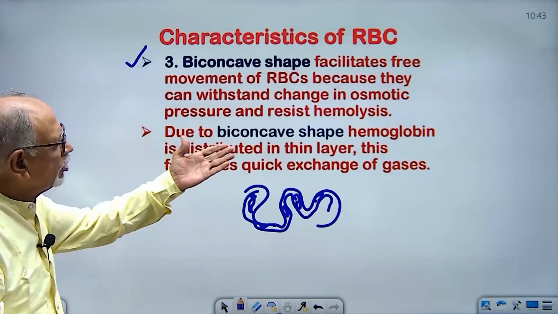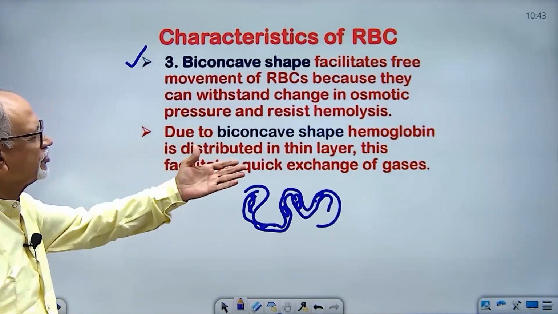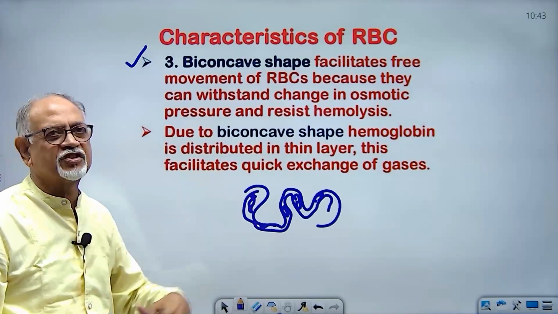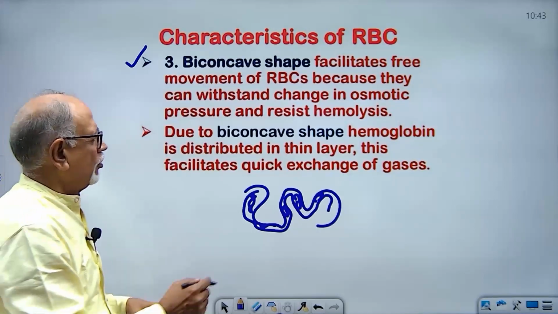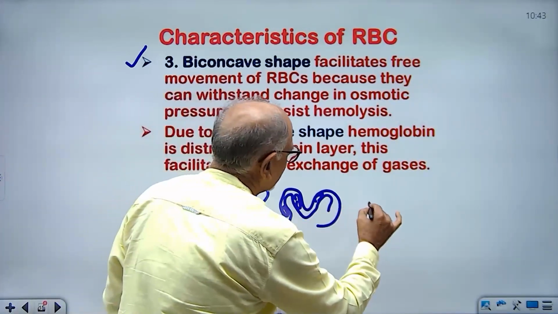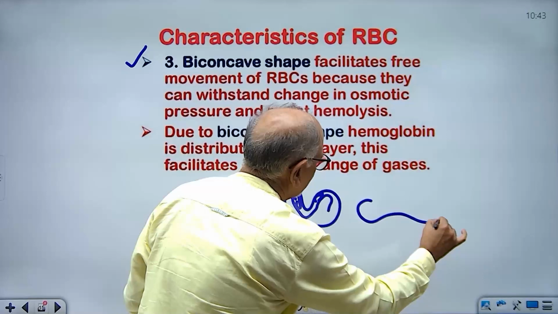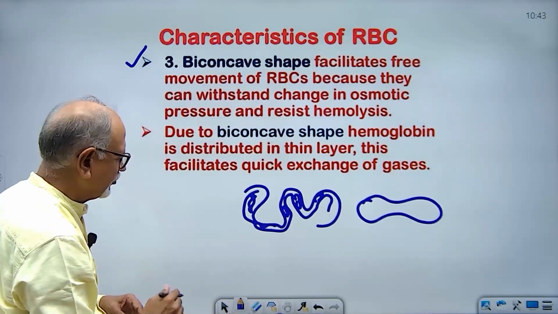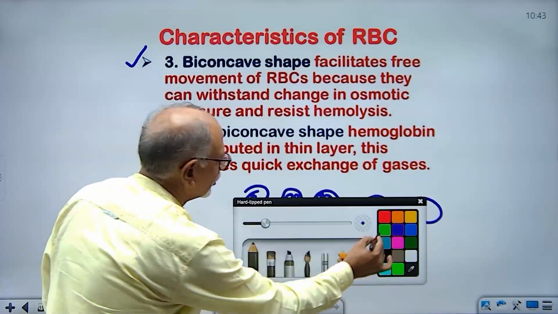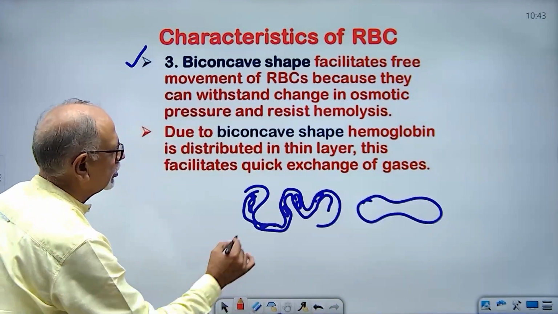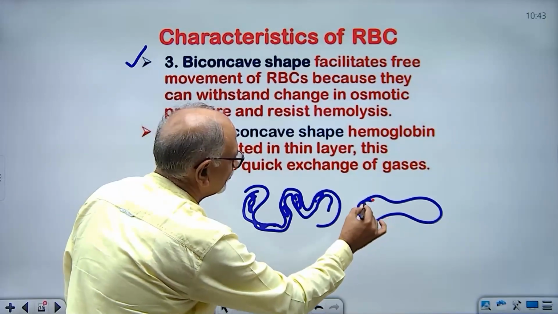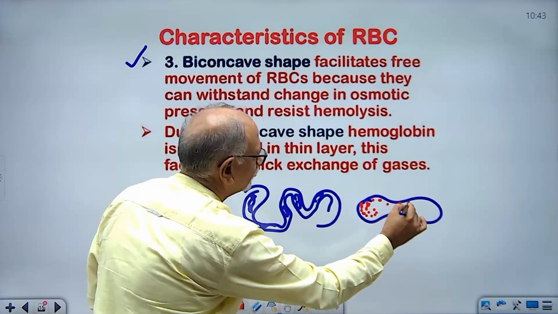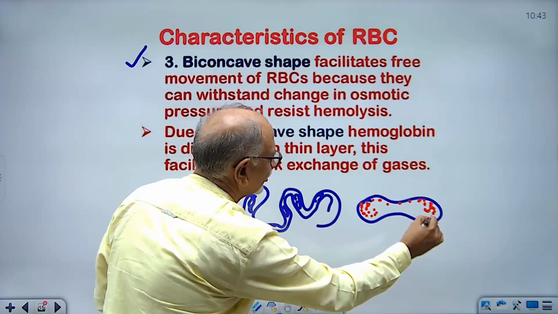Now, due to biconcave shape, hemoglobin is distributed in a thin layer. This facilitates quick exchange of gases. When the RBC becomes in this shape, what happens? The hemoglobin is distributed more in this area, like this.